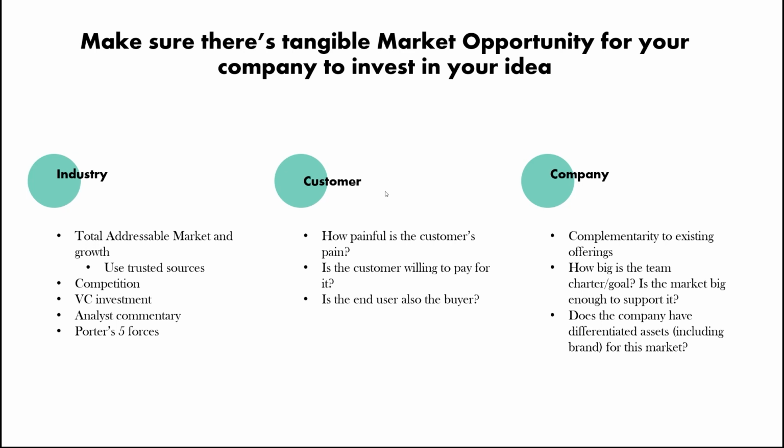Think about how big your team is. Are you coming up with an idea that can only support a team of a few people, and you need to support a team of 40, 50 people? This is not something that you would typically think about in startups because you can hire your team, but in big companies, sometimes your resources are already given, and you want to fit the idea to be big enough for those resources. And then think about the company's differentiated assets that could help you win in that market.